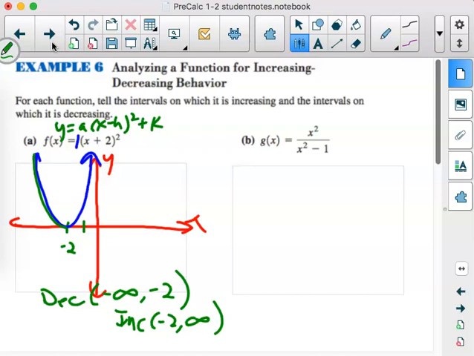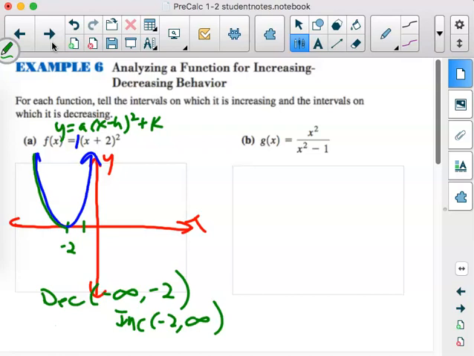We go over to B. We might not feel quite so certain about what that's going to look like, because this one has division, then we should be thinking, ooh, this is going to be hyperbolic. And hyperbolas, I focused in college on hyperbolic functions. That tells you there's a lot of classes about hyperbolic functions. They do a lot of different things.